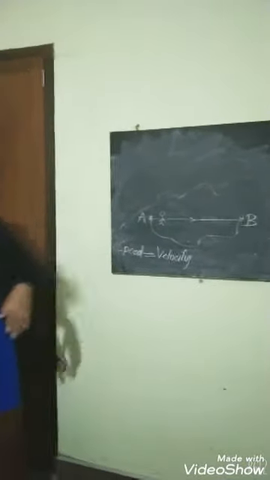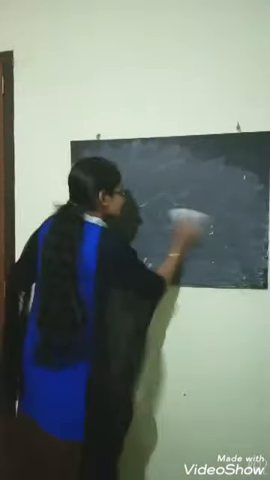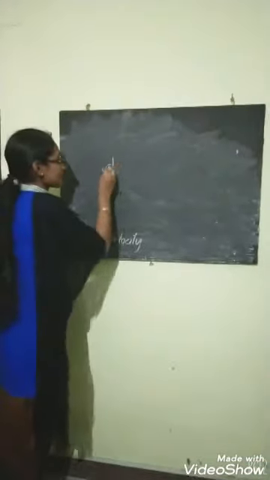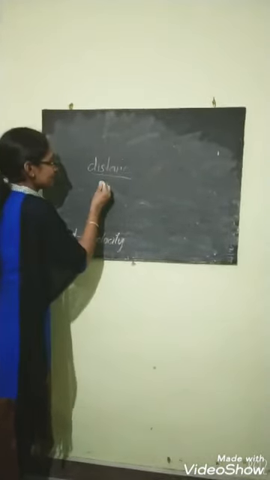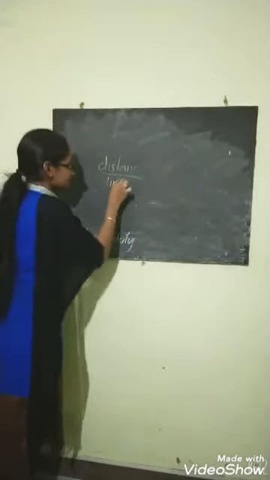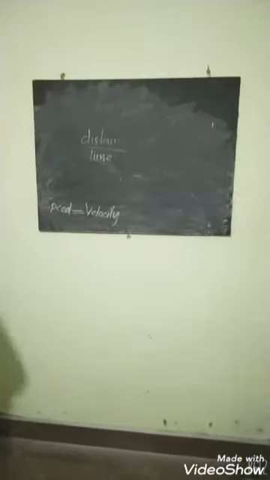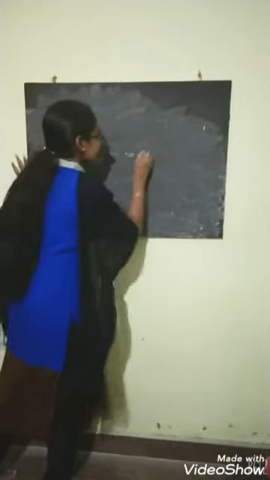We know the equations of speed and velocity: speed is equal to distance by time, and velocity is equal to displacement by time.